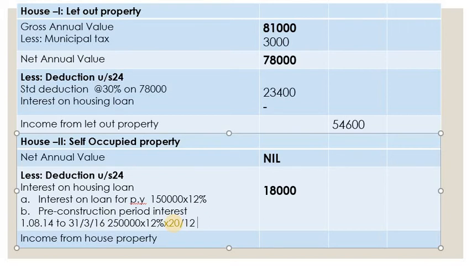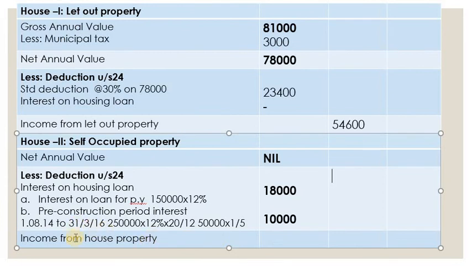Calculate, it is 50,000. This 50,000 should be divided by 5 equal annual installments. So you will get 50,000 divided by 5, which is 10,000. So total interest is 18,000 plus 10,000, which is 28,000.